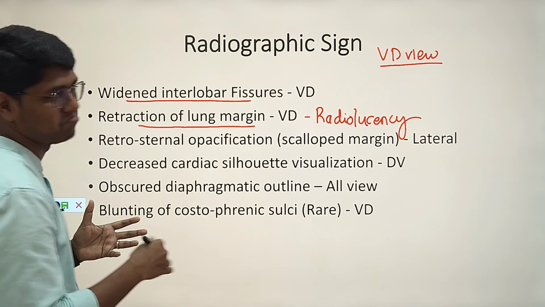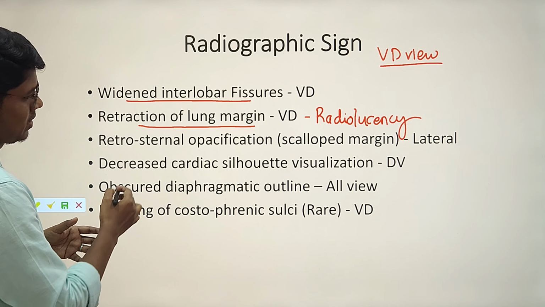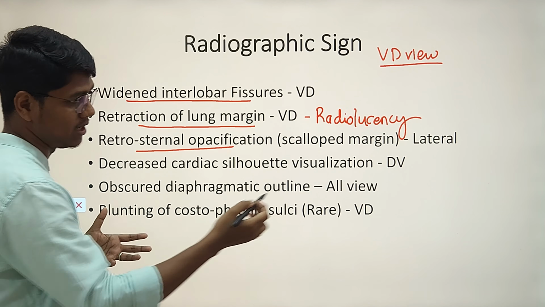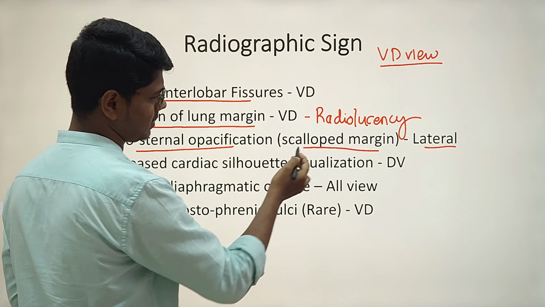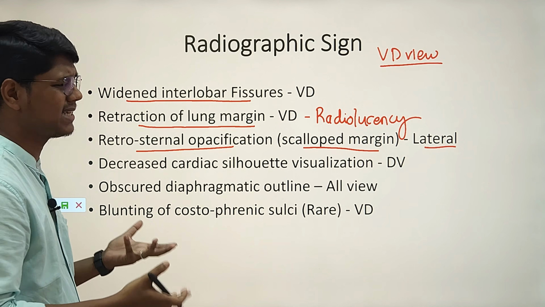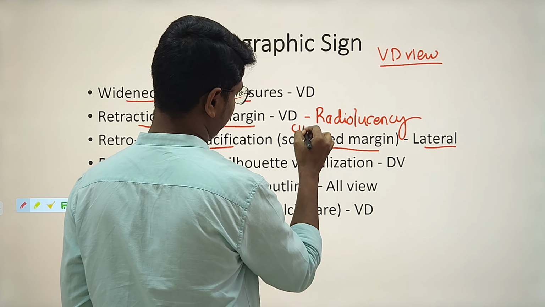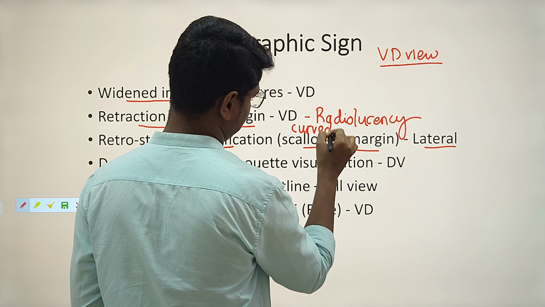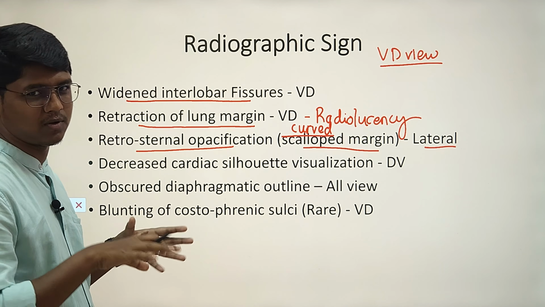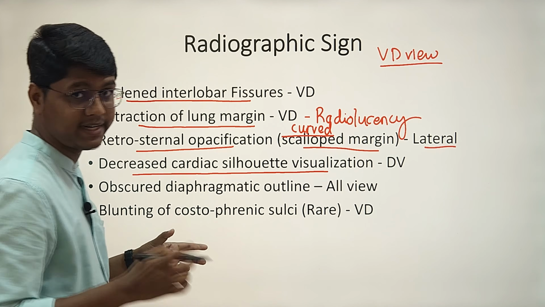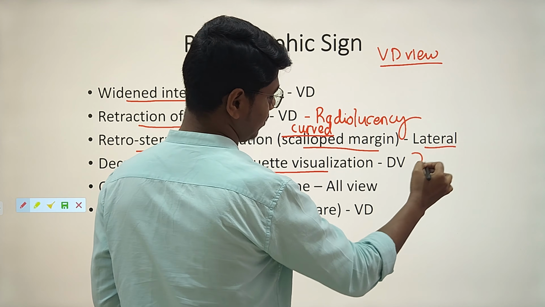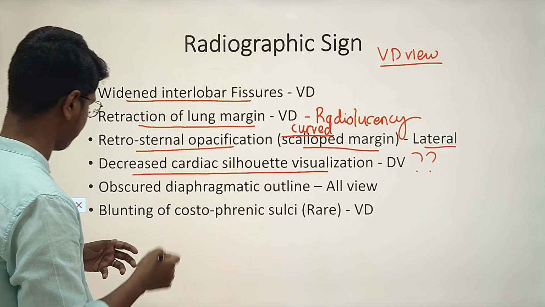First of all, let us do some theory. Retrosternal opacification. This will be in the lateral view. The margin has a name, scalloped margin. Scalloped means curved margin. Decreased cardiac silhouette visualization. This will be in the DV view. Why? We'll see in a bit.